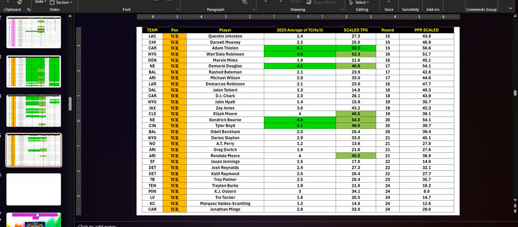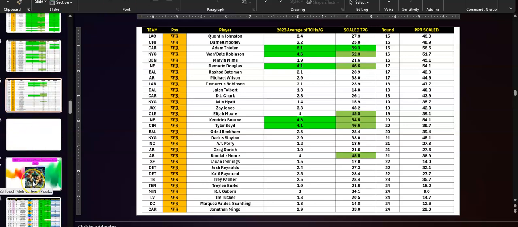That's player level touches per game, and the scaled touches allow you to view this a lot better. And notice this stuff jumps out at you. I'll try to have hard copies of this as well as the video. What am I doing next?